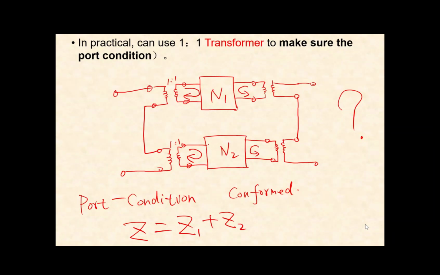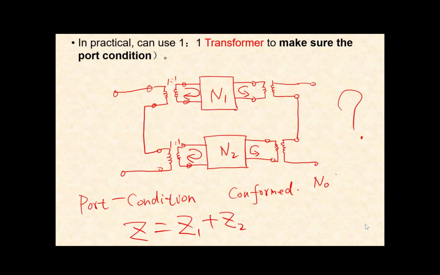The physical reason is that the transformer isolates N1 and N2. They have no electrical connection for this part and this part. They have no electrical connection, but only magnetic connection.